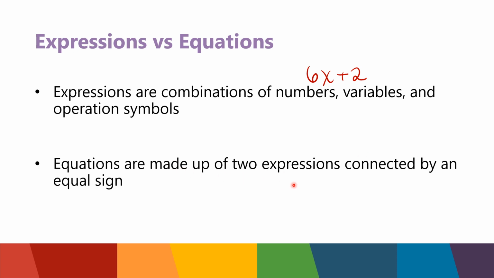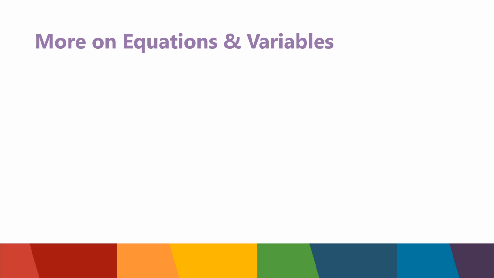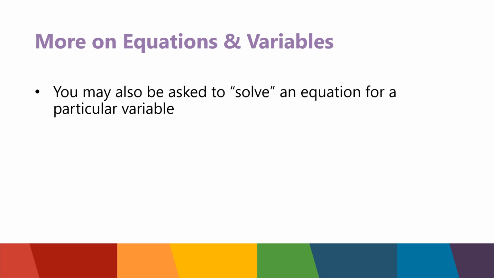Equations are made up of two expressions connected by an equal sign. An equation is where you take an expression and set it equal to another number or another expression. One last thing, and then we'll get started with some examples. You may also be asked to solve an equation for a particular variable. I'm sure you've all seen those directions before: solve for x.